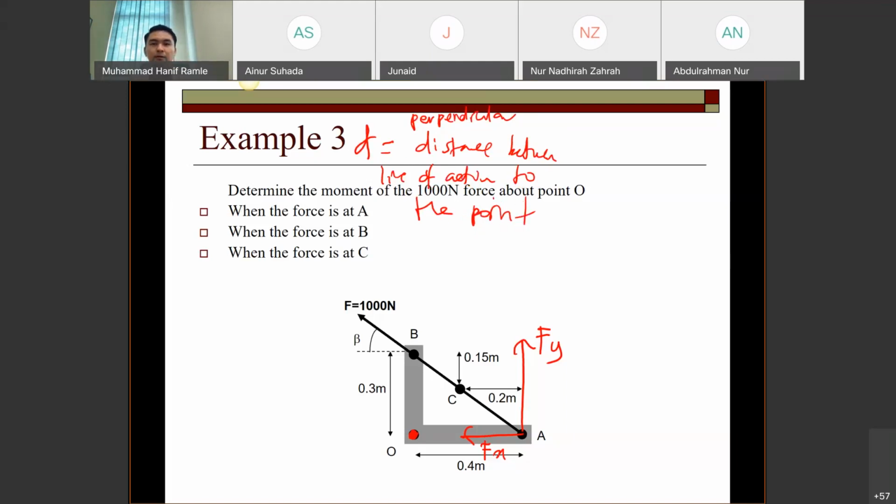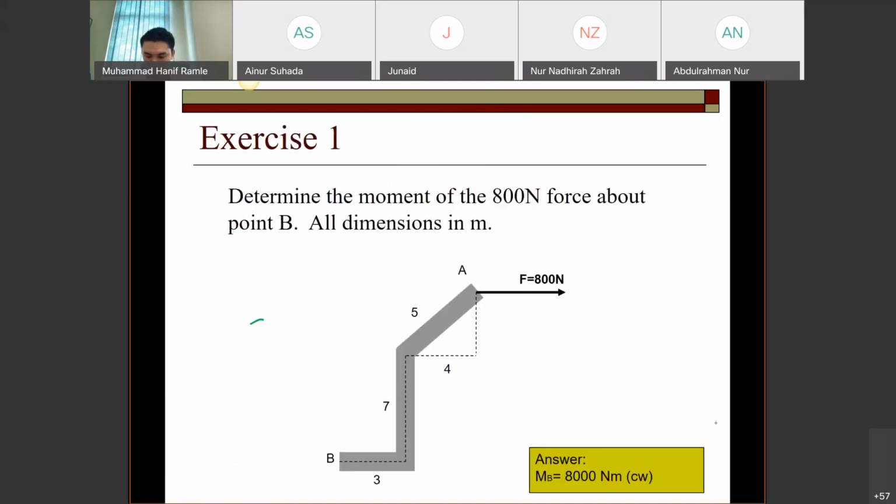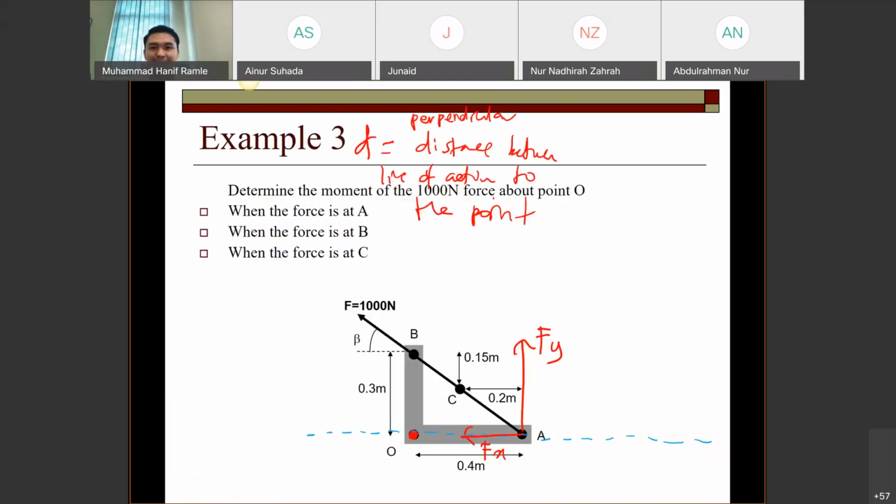Make sure it is a perpendicular distance. Let me draw the line of action. This is your line of action for the X component. Can you see where the D is, if you draw from O?